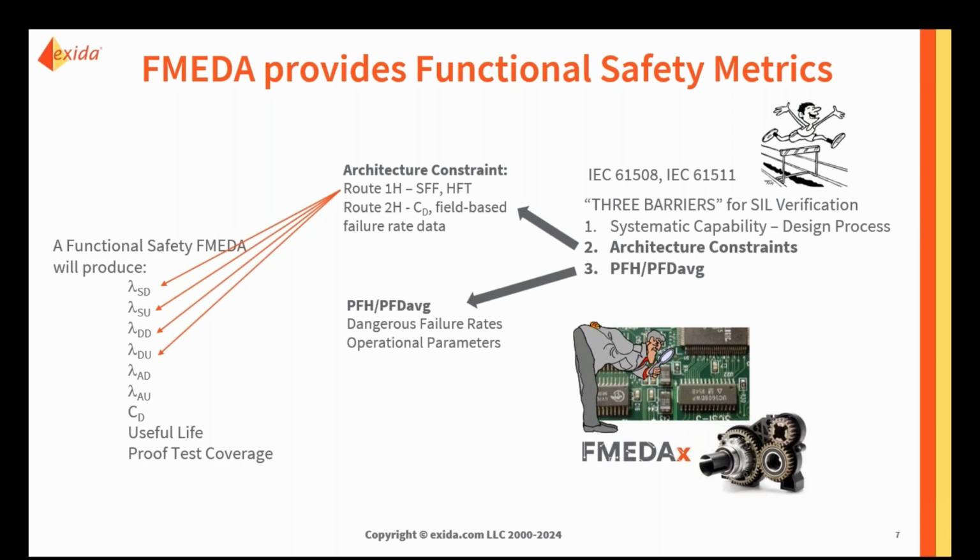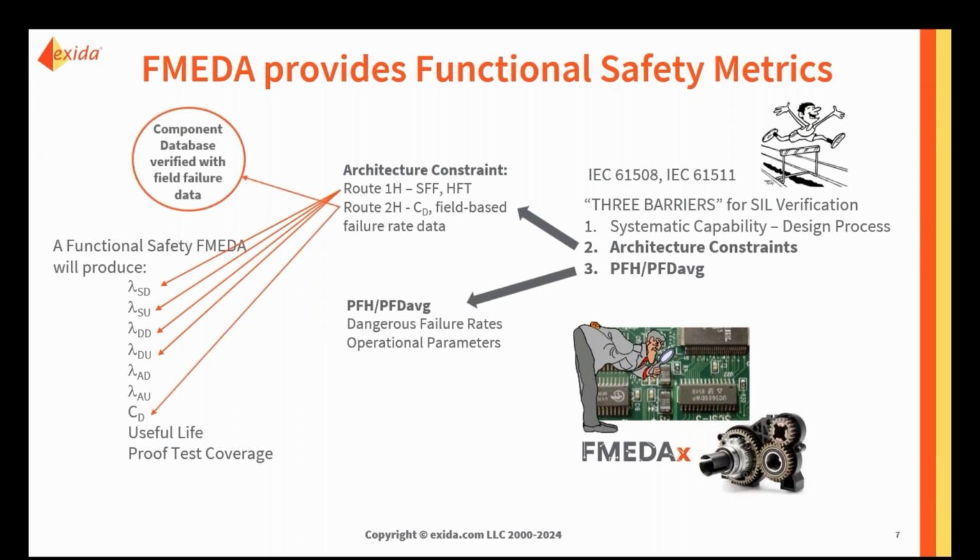If you're designing your product via Route 1H, you'll need the top 4 of those: safe detected, safe undetected, dangerous detected, and dangerous undetected, to determine the safe failure fraction, which is the top 3 over all 4. That in turn, when you look at the tables in IEC 61508, will determine your hardware fault tolerance.